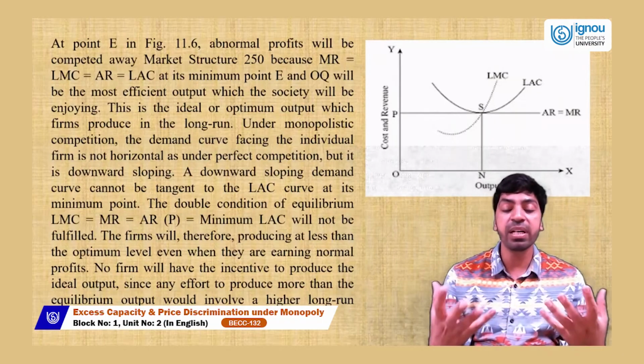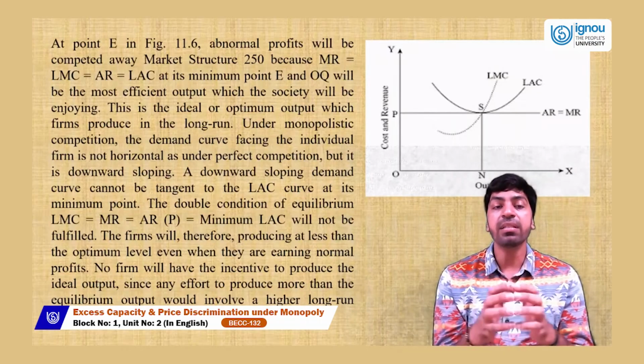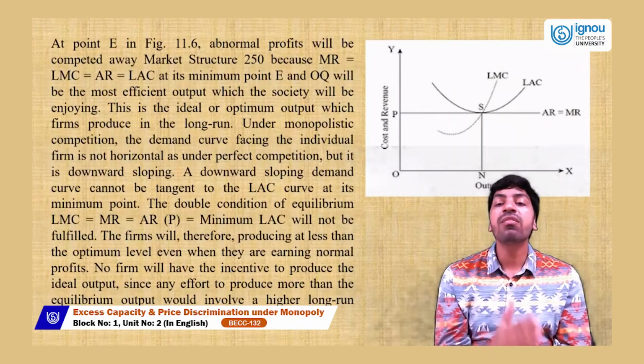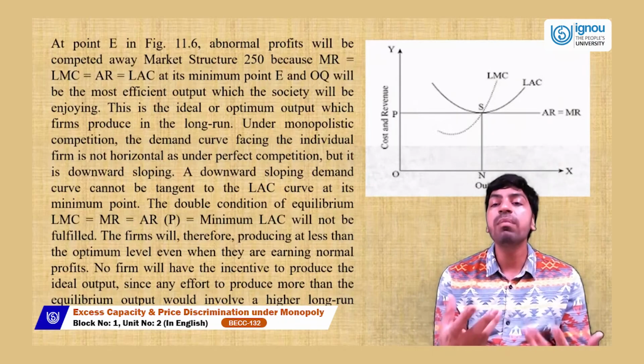When these two conditions are fulfilled in a particular market structure, we can see that the monopolistic firms will earn abnormal profits.